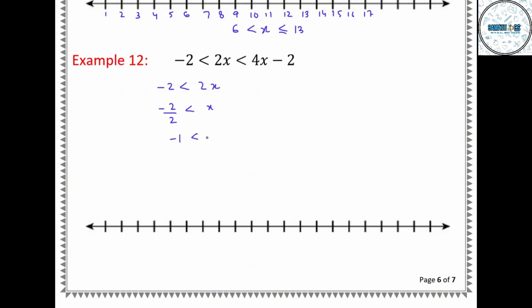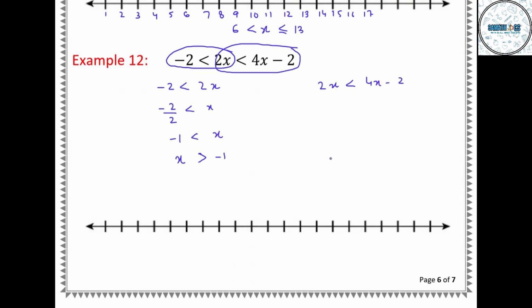So -1 is less than x. We can, if we write x here and -1 on this side, then the sign of inequality would be changed. Another inequality would be 2x is less than 4x minus 2. We make this inequality, and another inequality would be this one.